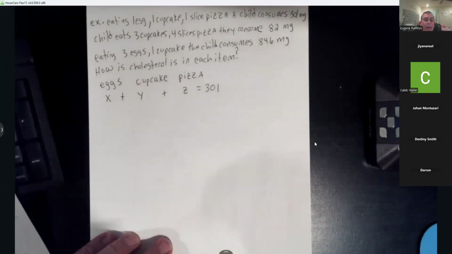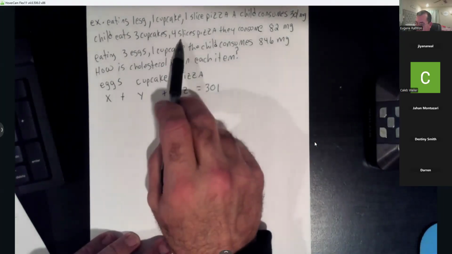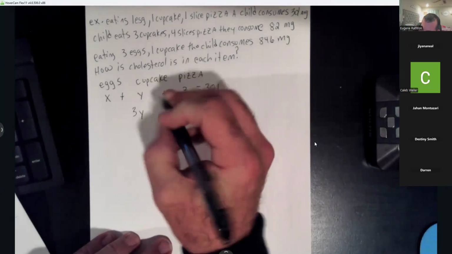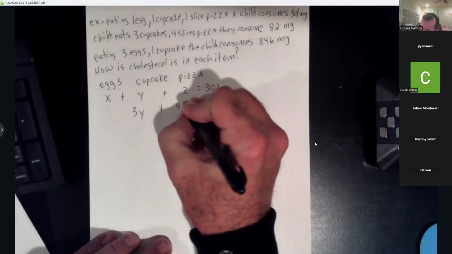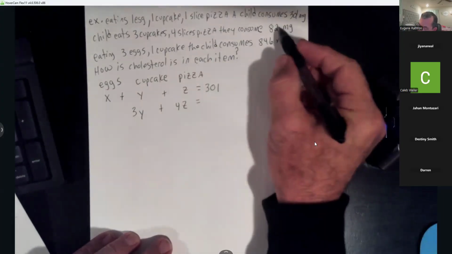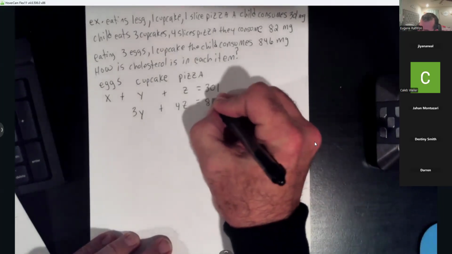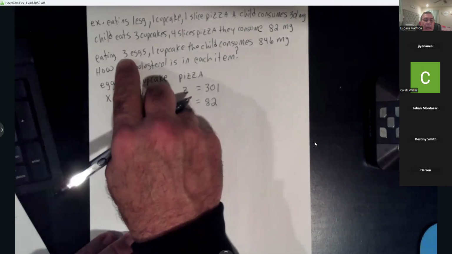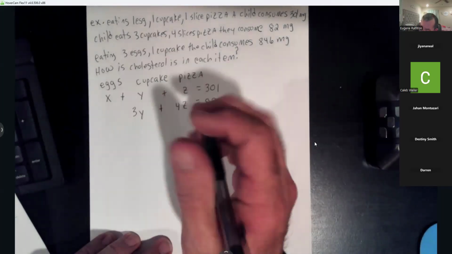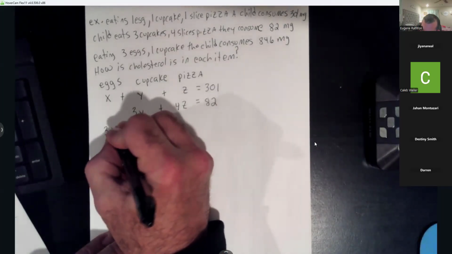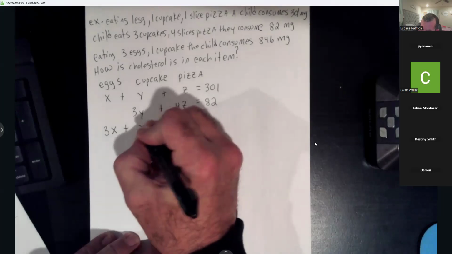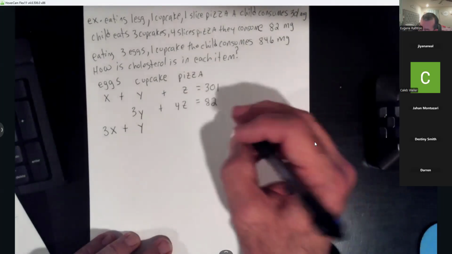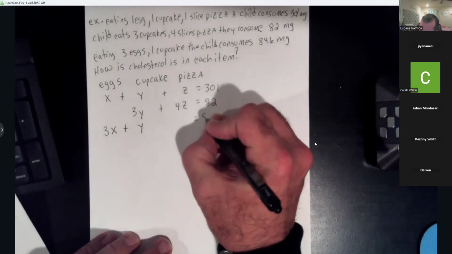All righty, my second equation, 3 cupcakes and 4 pizza. That'll be 3Y plus 4Z. That equaled 82 milligrams. And y'all, here comes our third one. 3X's plus 1Y. For my cupcake, that row equaled 846.